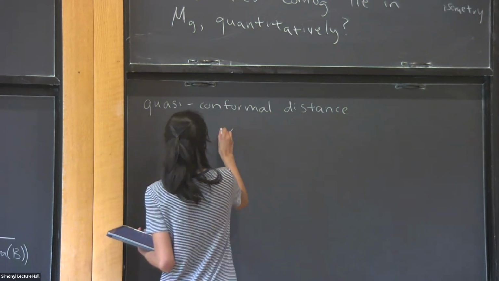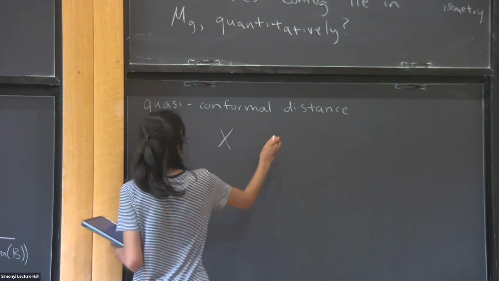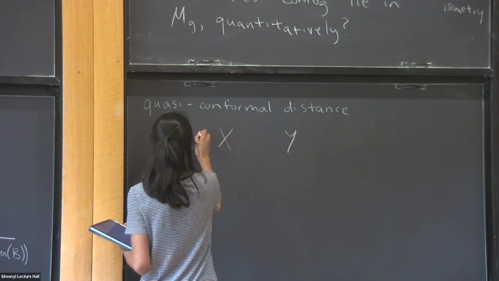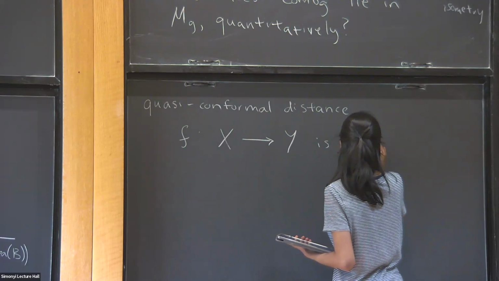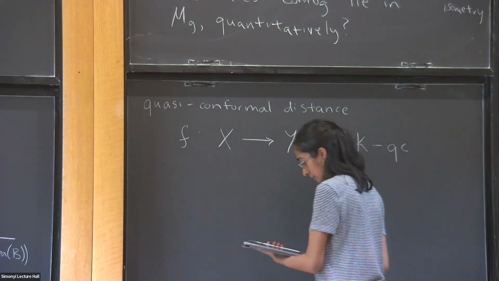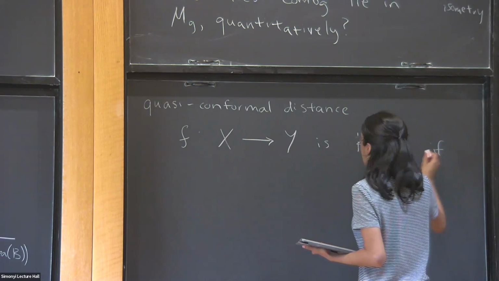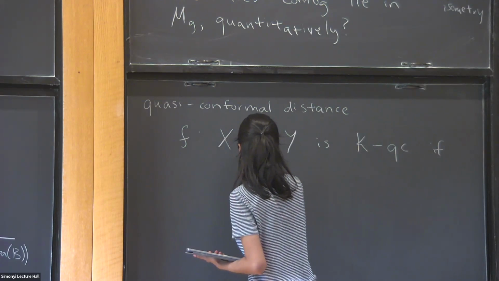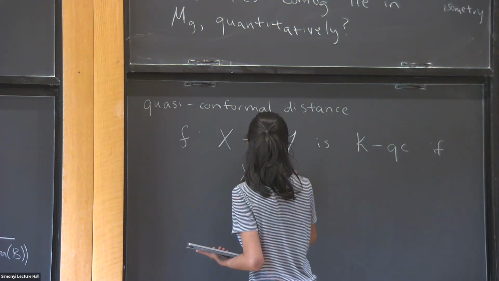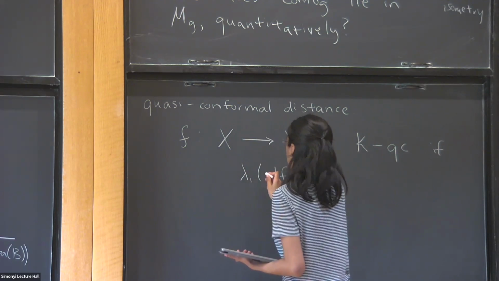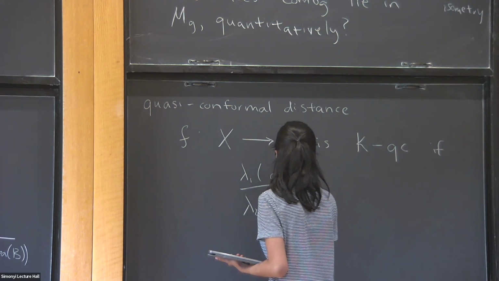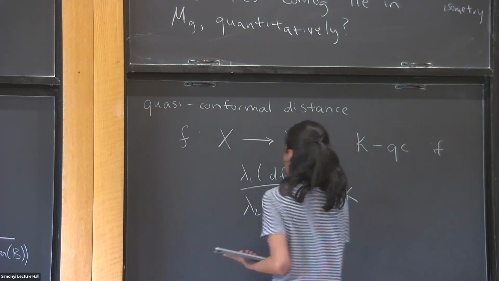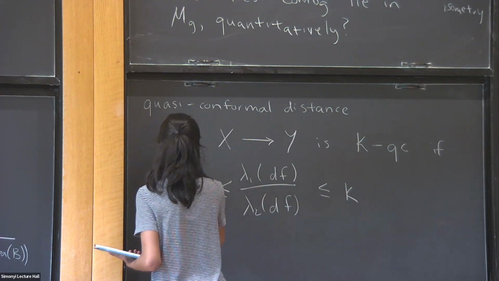Given two hyperbolic surfaces x and y, a map between them is K quasi-conformal if I simply take the eigenvalues of df at each point, and I want their ratio to be bounded.